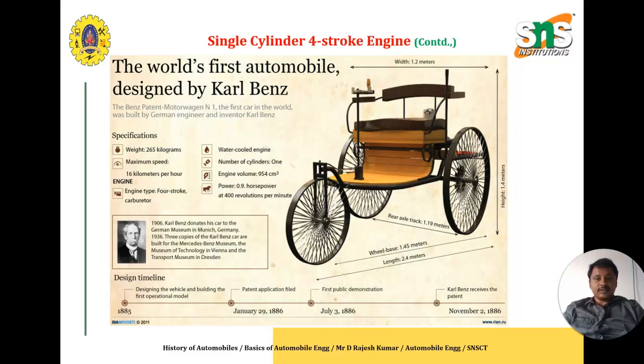You can see the timeline of the first vehicle, a petrol vehicle invented by the father of the automobile, Karl Benz. The timeline is 1885 to 1886.